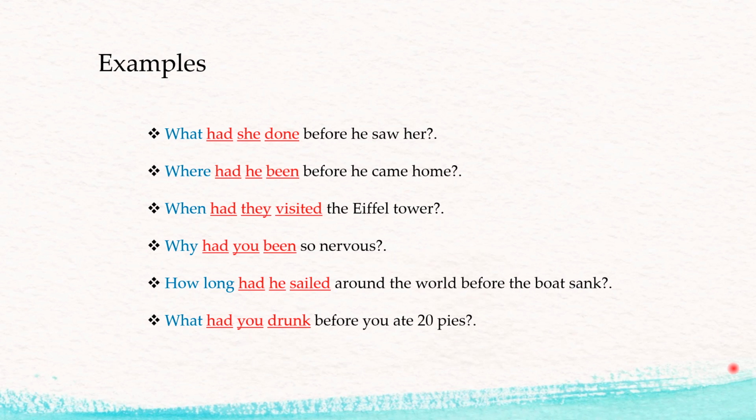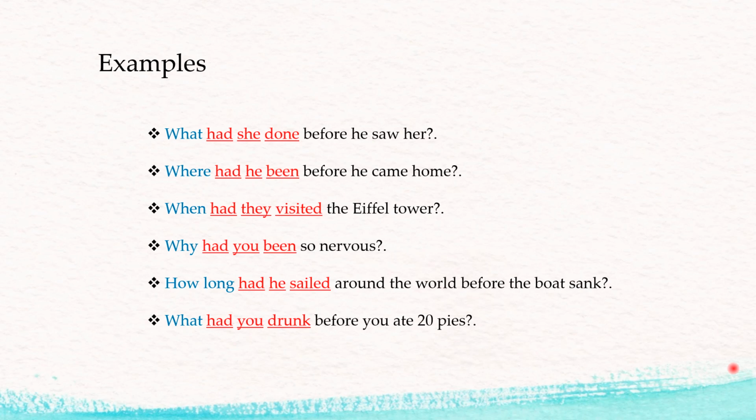Second example. Where had he been before he came home? Let's analyze it. Where, question word, had, auxiliary, he, subject, been, past participle, and the complement.